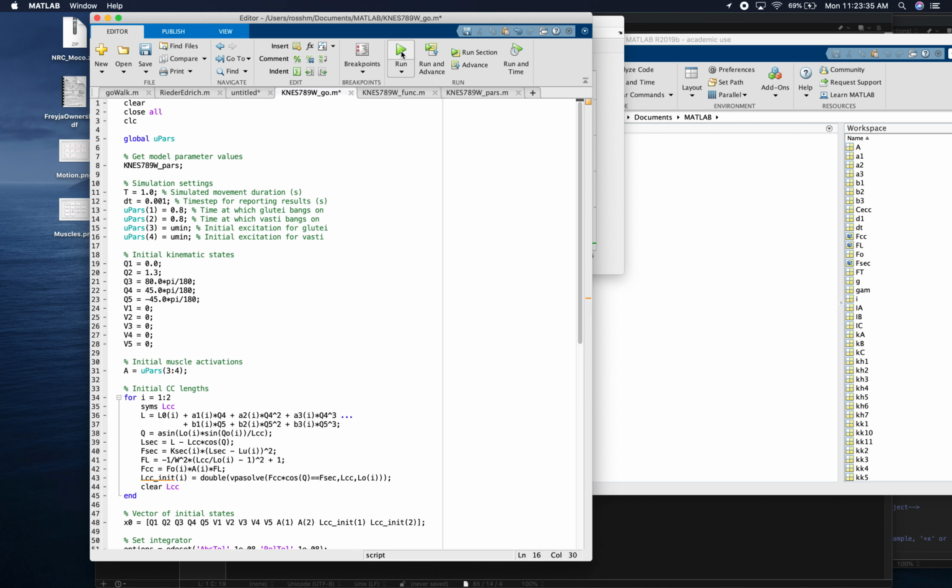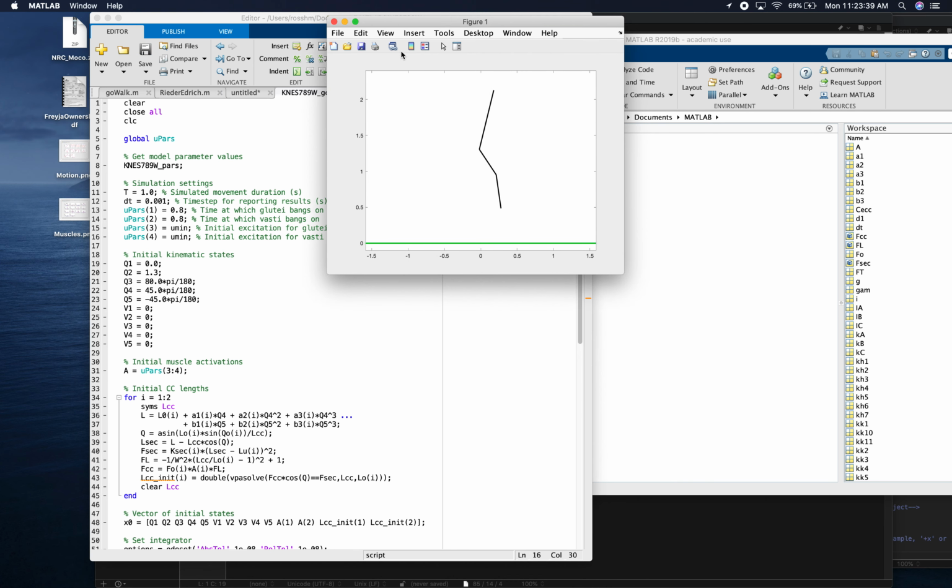And let's see what happens now. Okay. You can see there at the end my muscles banged on, but they were limited in their range of motion. You can see here my knee got into, if you look closely, a little bit of hyperextension, but not too much hyperextension. Okay.